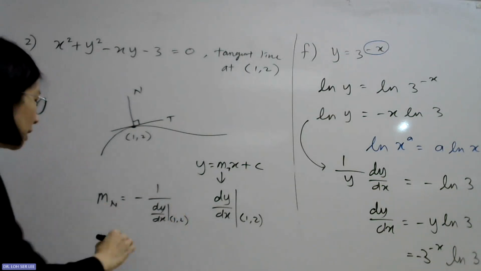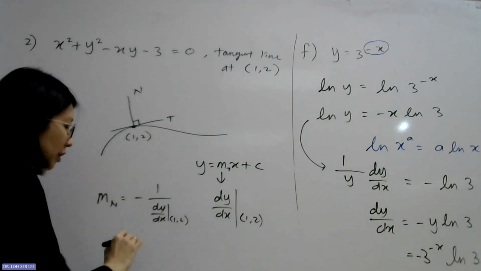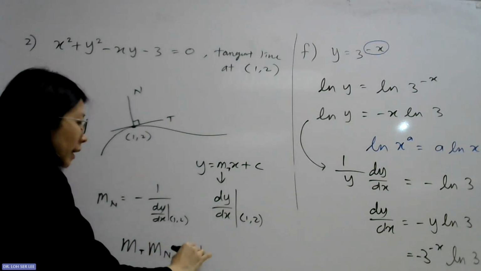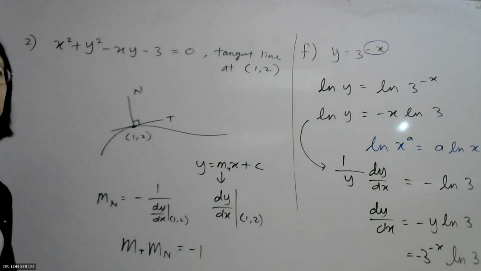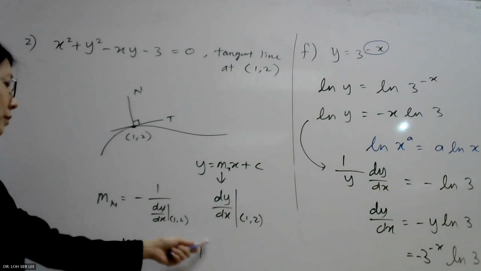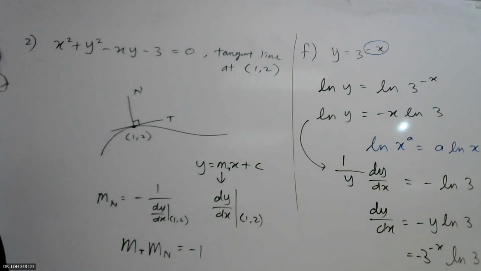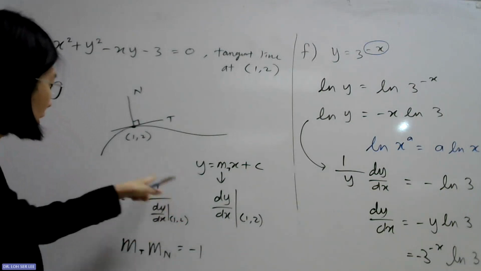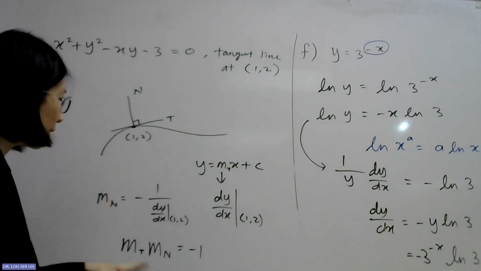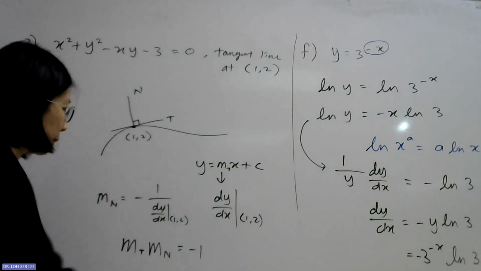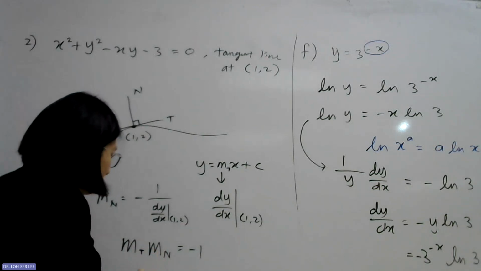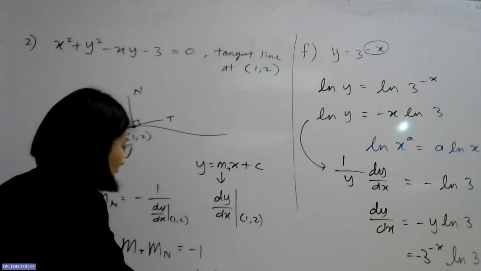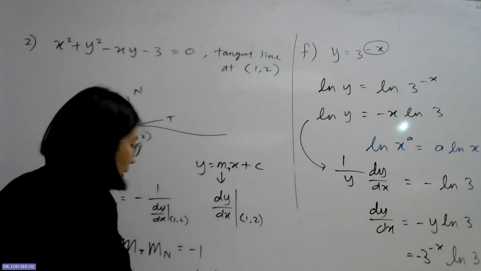Because the slope of the tangent line multiplied by the slope of the normal line, you get negative 1, right? So we have this relation. When you want to get the slope of the normal line, the slope of the tangent line will be dy dx at the given point.